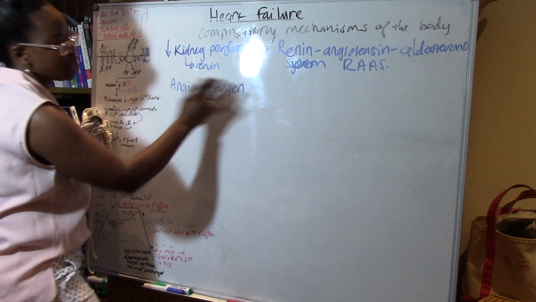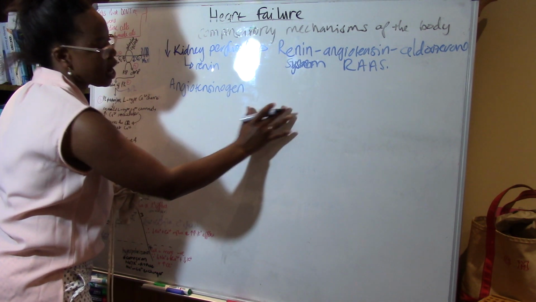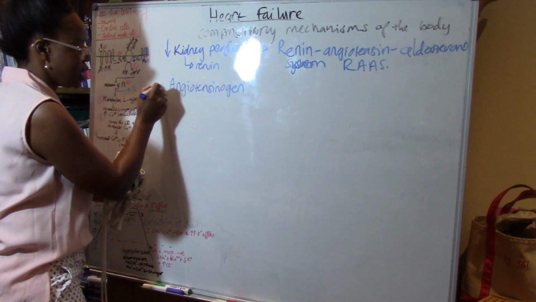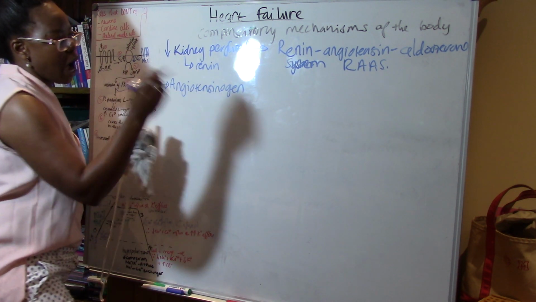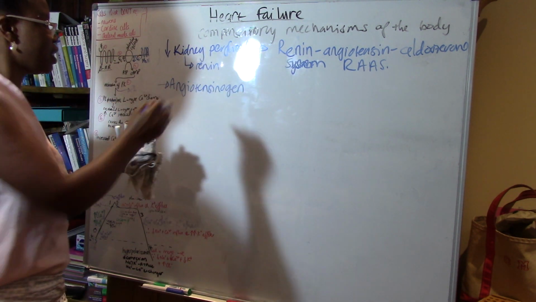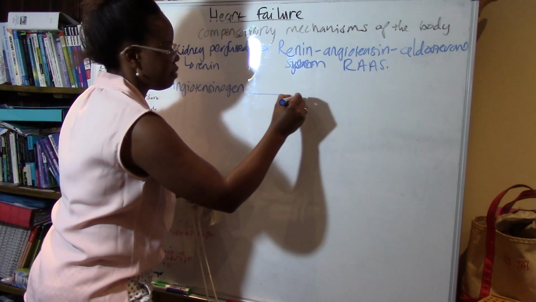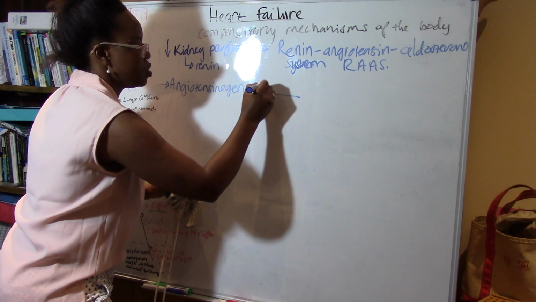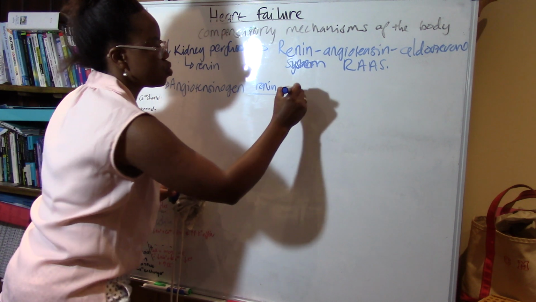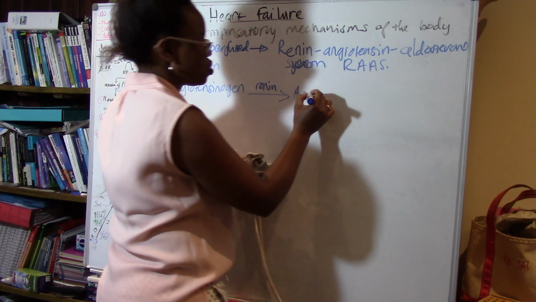In fact, angiotensinogen is always in the blood, it's always in the body, it's flowing around. When it's not needed, it's not converted, it's inactive. However, in cases of underperfused kidneys, the kidneys will secrete renin, and the function of renin is to activate angiotensinogen.